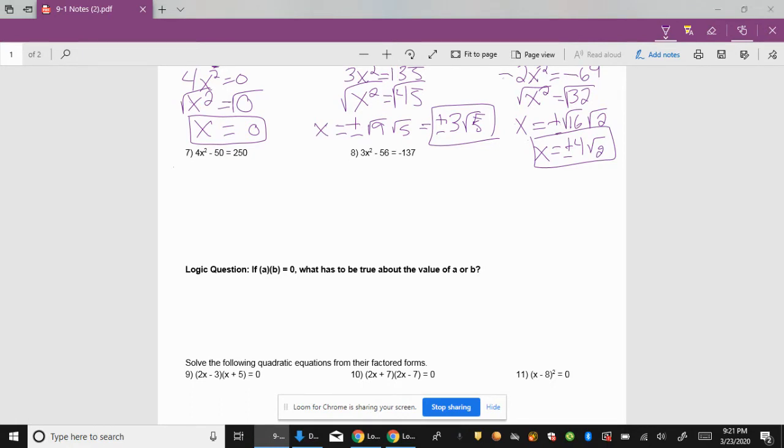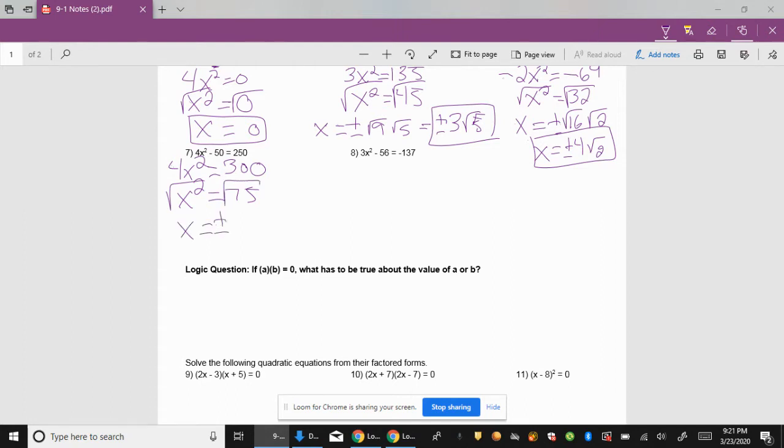On 7, you would have added 50 to both sides. Gotten 4x squared equals 300. Divide it by 4. X squared equals 75. Take the square root.